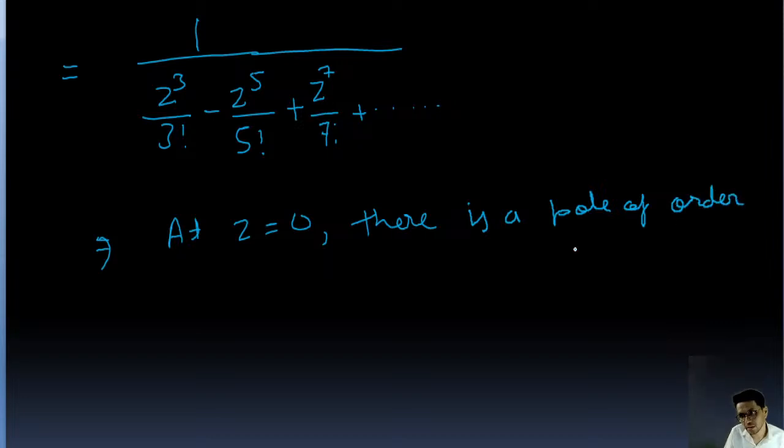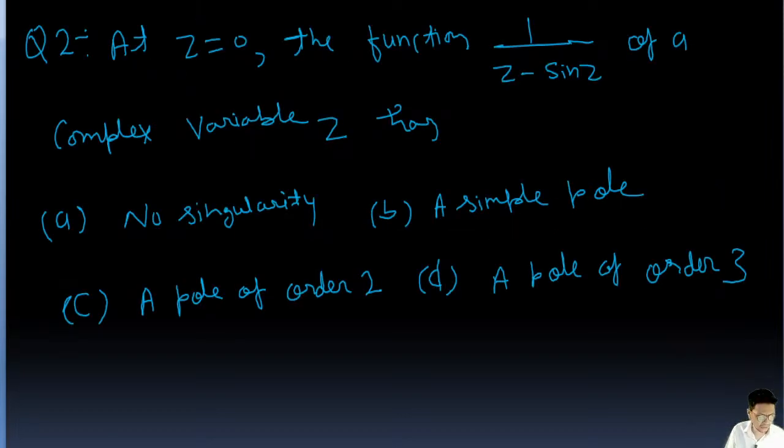Okay. So there is a pole of order 3. So which option is matching, guys? Order 3. Okay, so option D is the correct option, guys. A pole of order 3.